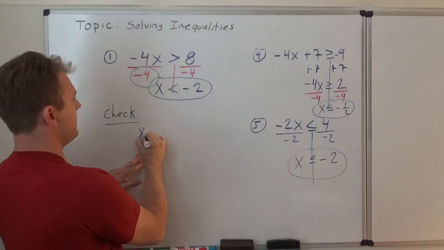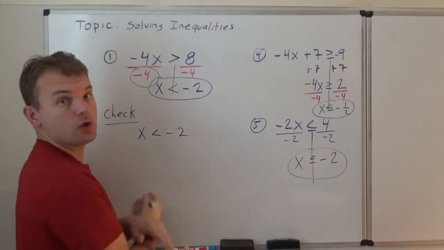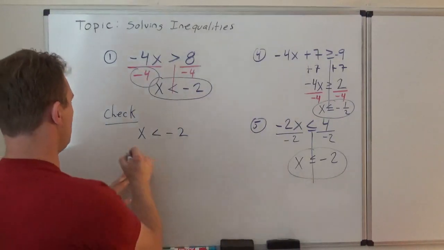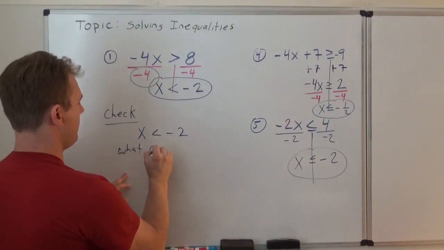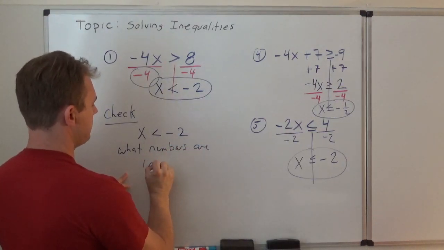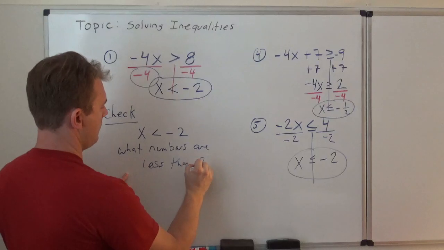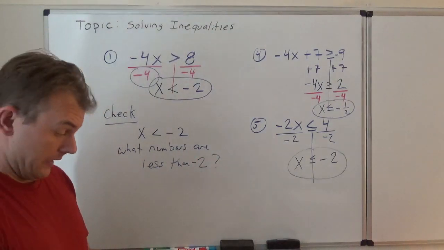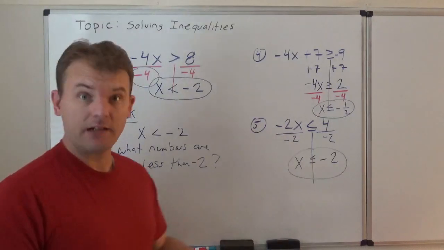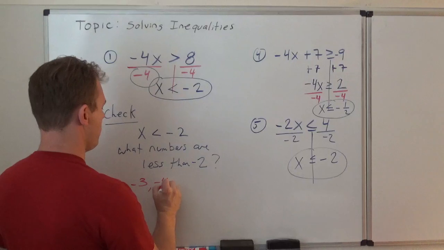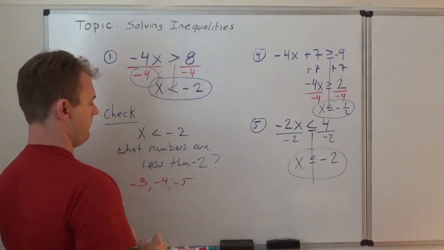Our answer is less than -2, correct? What numbers are less than -2? Well, we got -3. We got -4, -5.